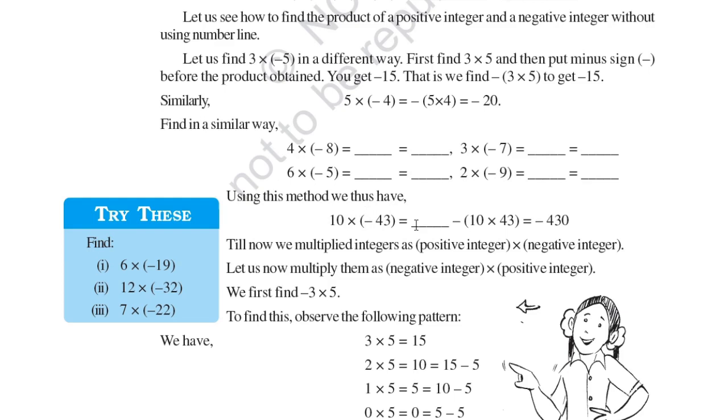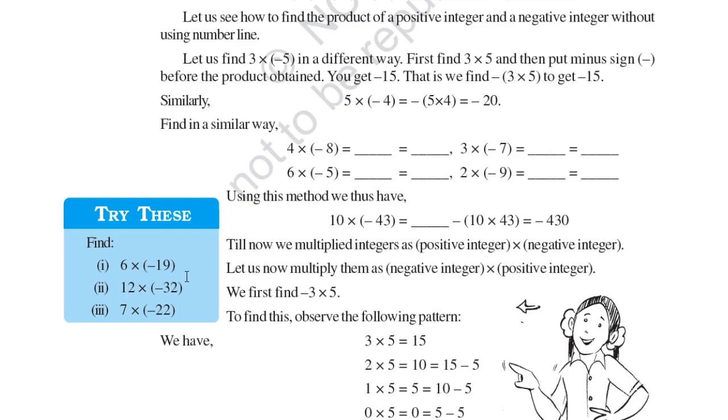So it is the same. So you can see why it is giving minus here. Yes, it's the same thing. Minus will come outside. So that's it. And here also you can see similarly the minus will come outside and you can multiply 6 into 19, which will become 114, negative 114. And then here also 12 into 32.